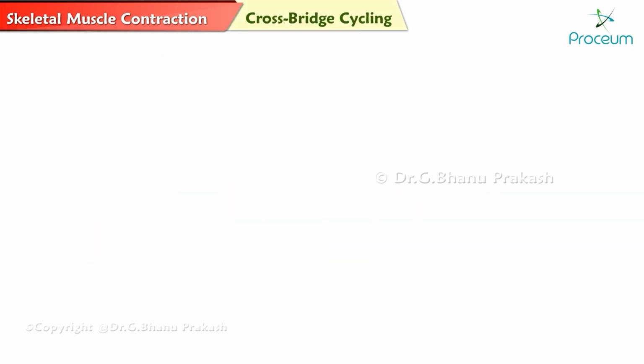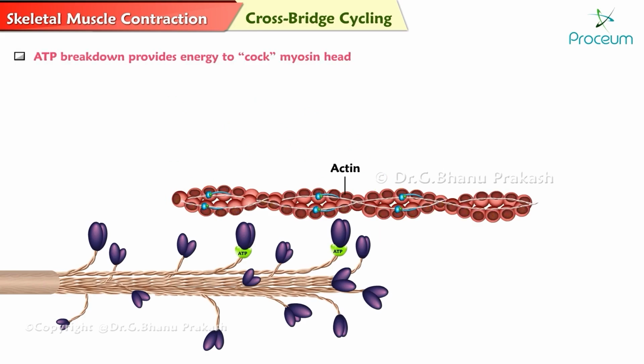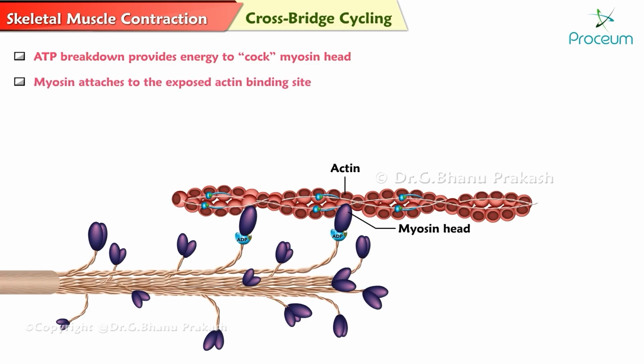Cross-bridge cycling. When calcium ions are present, the myosin binding sites on actin are exposed. The ATP breakdown provides energy to cock the myosin head. The cocked myosin attaches to the exposed actin binding site. Cross-bridge attaches.